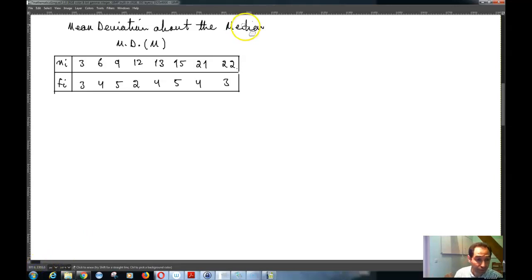Now, in order to calculate the mean deviation about the median, of course, you first need to calculate the median.